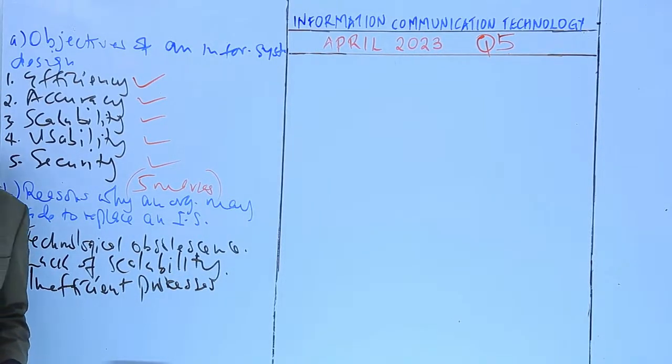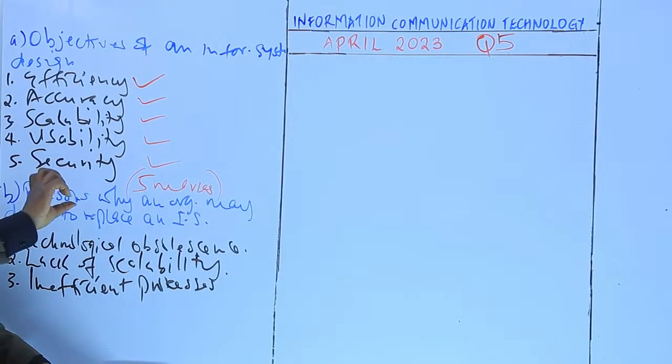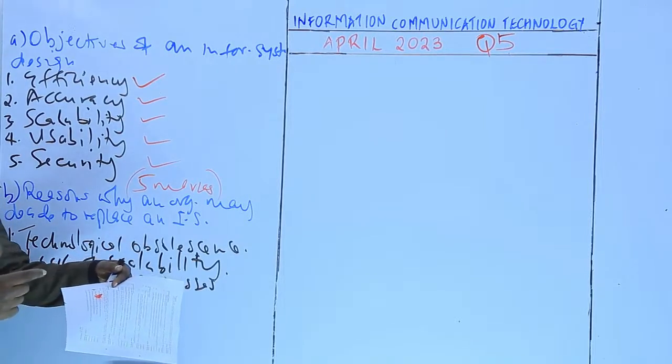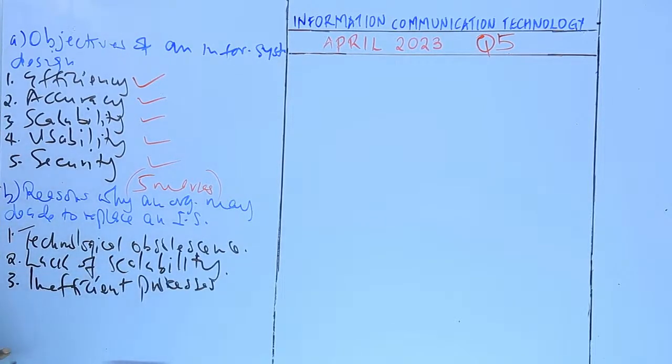An information system may be replaced if it is unable to support or optimize the organization's core processes. And if the system hinders productivity, it may cause bottlenecks. And a more efficient replacement may be sought.